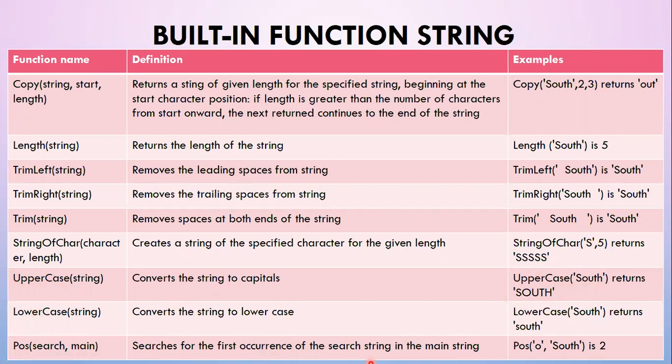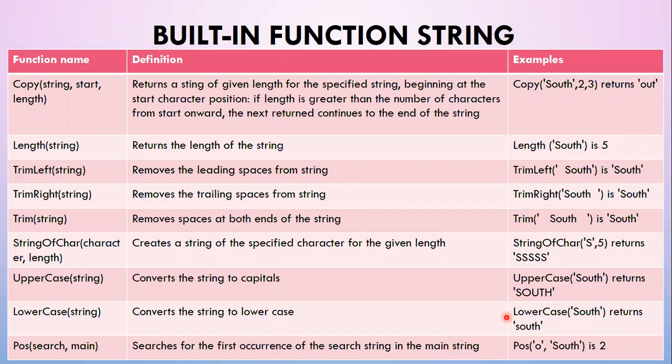Then we have here pos. When we start text files in grade 11, you are going to use pos. Pos stands for position. So find the position of the delimiter. Delimiter is a fancy word for the space or the character between the words that I am busy reading. What it will do is find that occurrence in a main string.